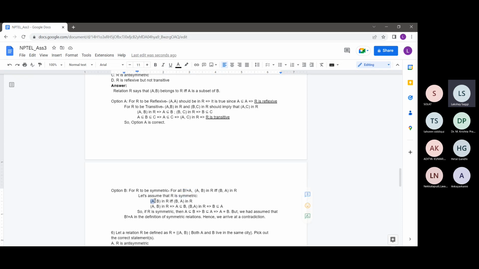If R was symmetric, then if some (A, B) was in R, this would mean that (B, A) is also in R. So if (A, B) is in R, this means that A is a subset of B, and (B, A) in R means that B is a subset of A. Since these two conditions hold, this means that A equals B. But we had initially assumed that B is not equal to A. Here we have arrived at A equals B. So basically we arrived at a contradiction. Hence, R is not symmetric.